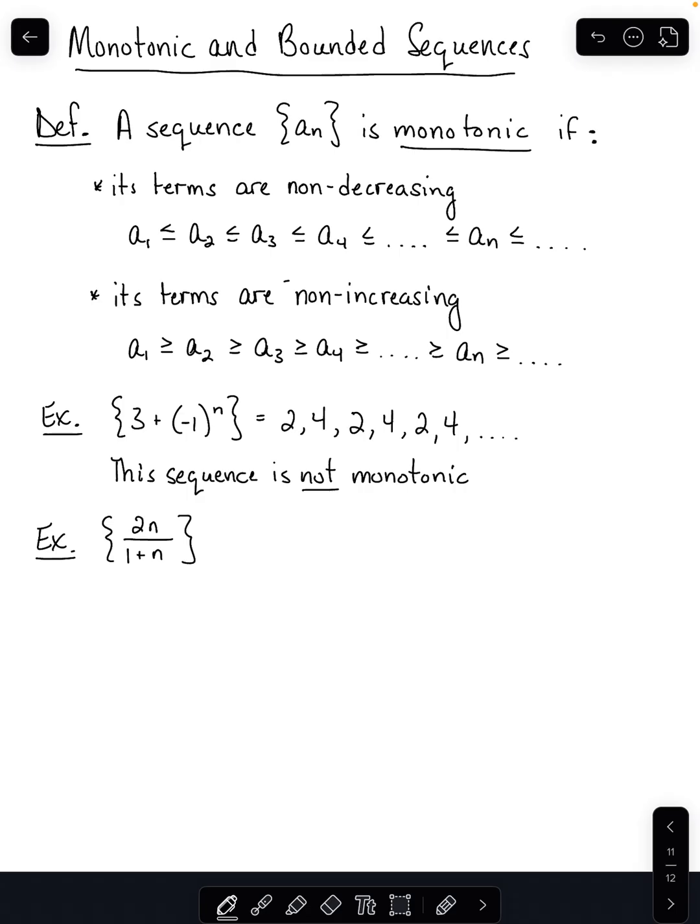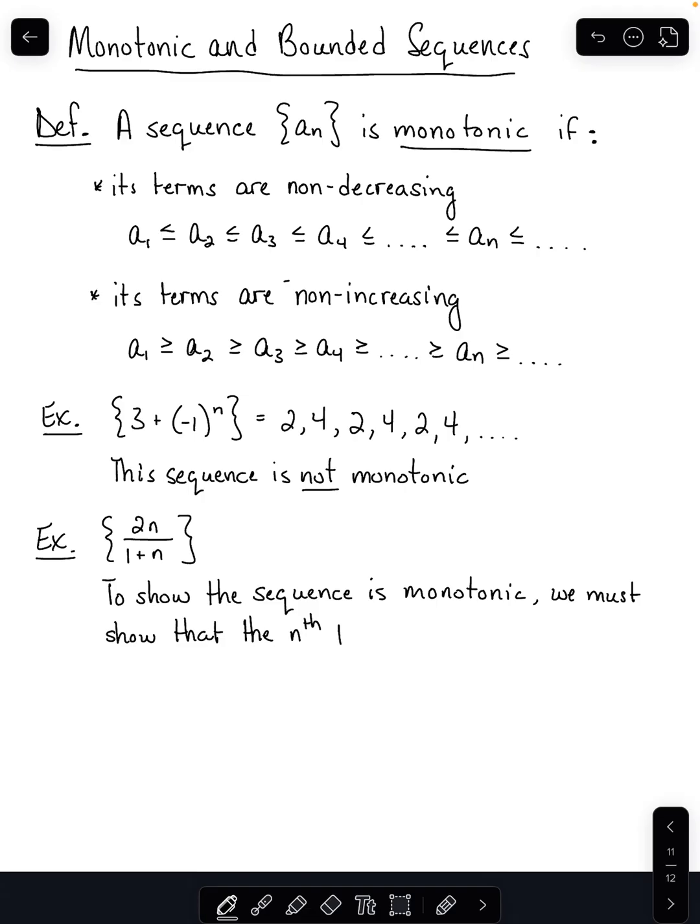So what we're going to have to do here is that to show that it is monotonic, we must show that the nth term is always either smaller or larger or possibly the same as the n plus 1th term.